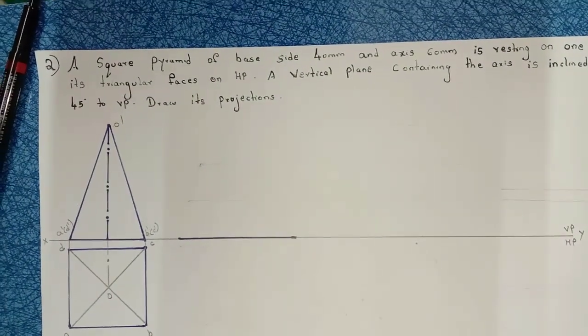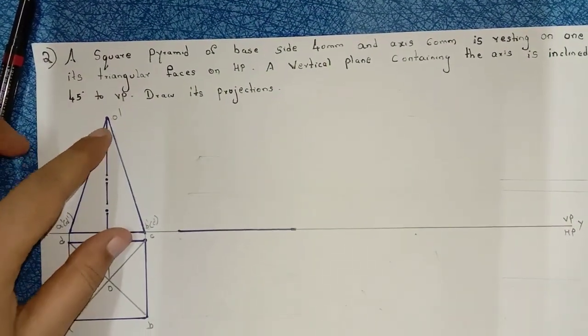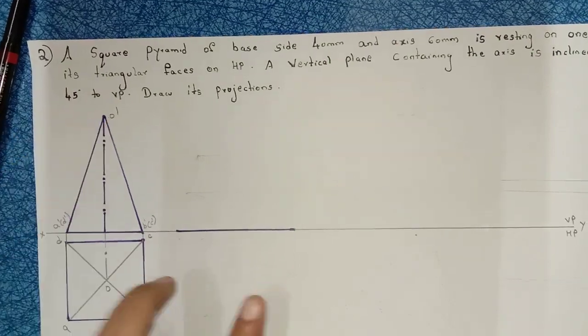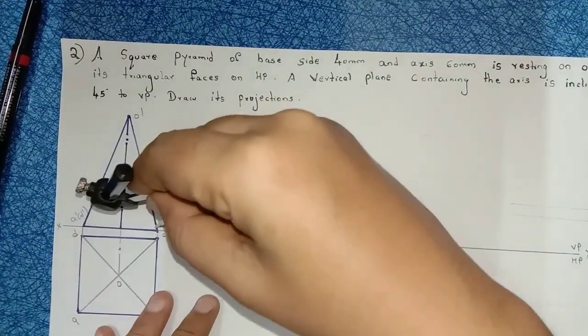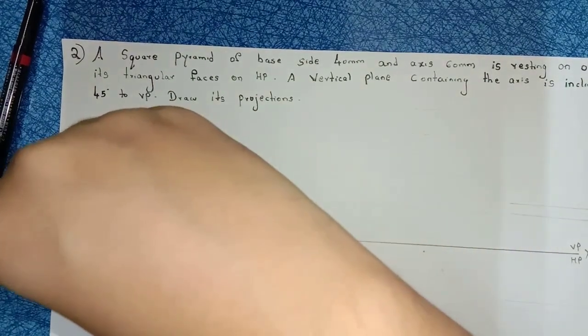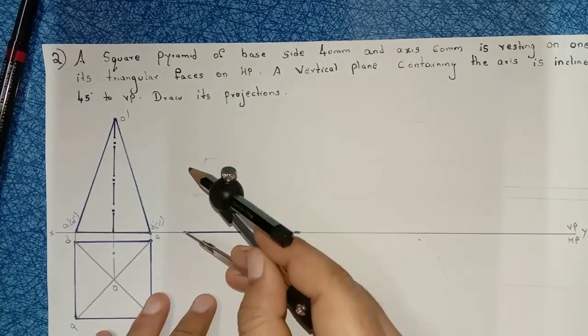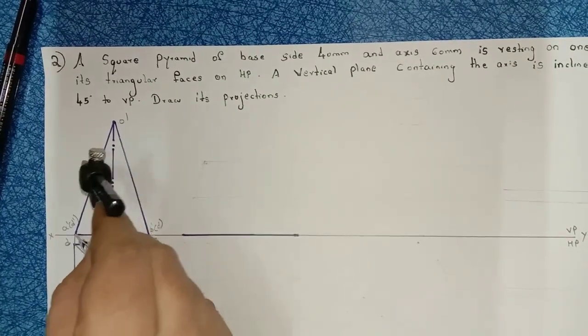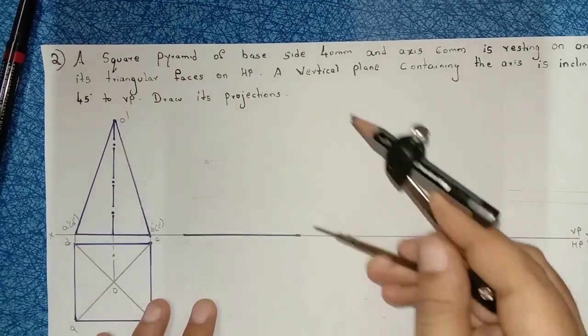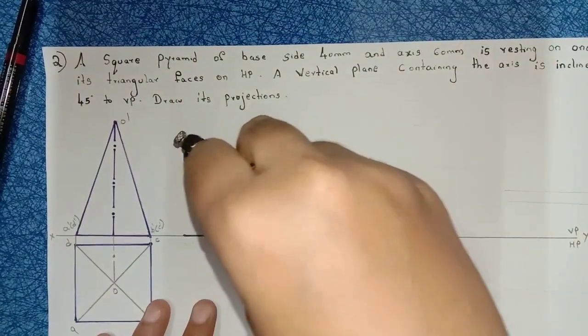So let us see how to construct this one. I have constructed O dash to B dash length here. Right. Then next I will take B dash to A dash length with compass. I will keep my compass here and I will draw the arc. Then next I will take A dash to O dash length with compass. I will keep my compass here and I will draw an arc.